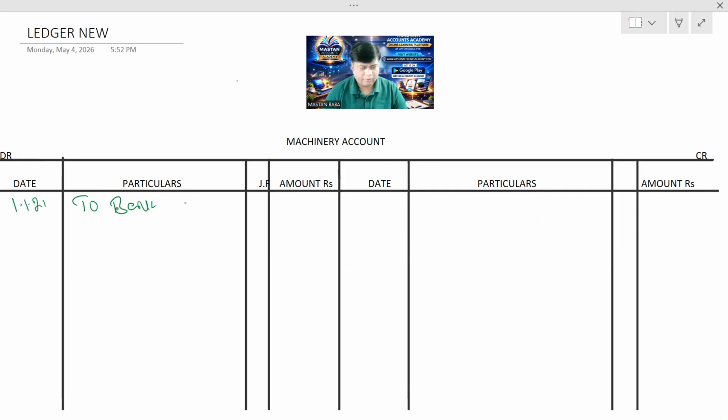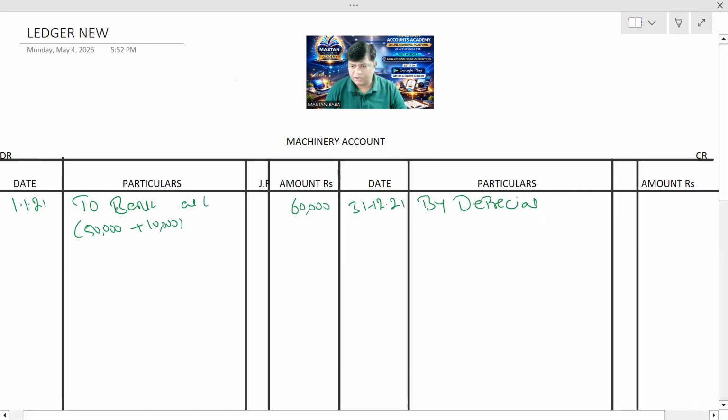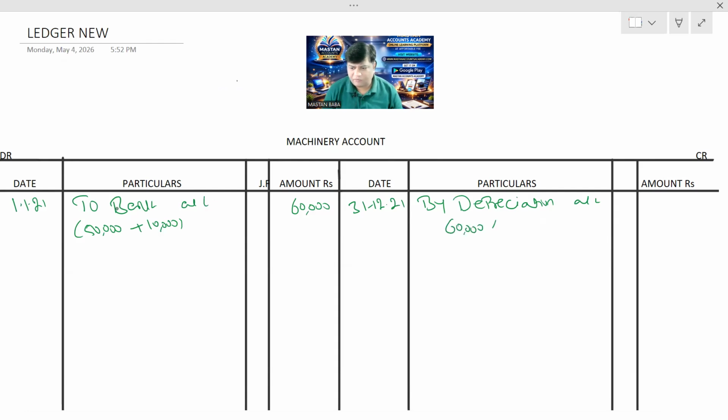To bank account, as we discussed, 50,000 plus 10,000, it is 60,000 rupees. As they are following the calendar year, on 31/12/21, by depreciation account. Dear students, they have utilized it for the full year, so calculate on 60,000 at the rate of 10%, full year, 6,000 rupees.